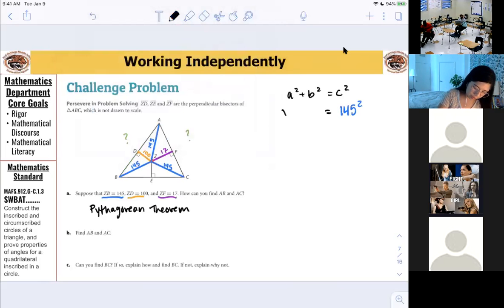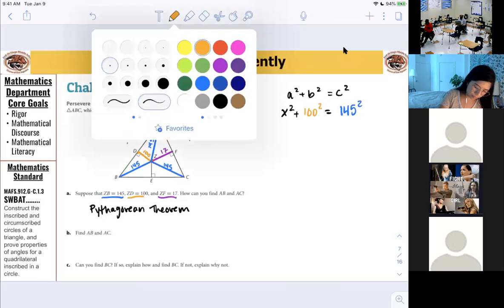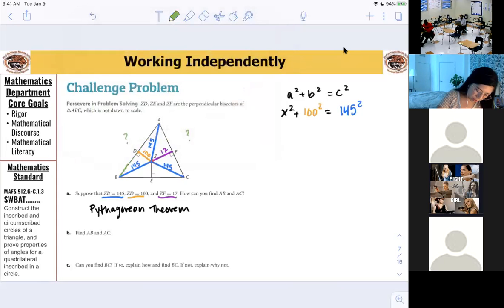Good, so x squared, and then 100 squared. Then you subtract 100. And what we're looking for is BD. So we're gonna solve and figure out BD. So I'm gonna call this X for now. All right, go for it. See what you get. What do you get for X in this scenario?